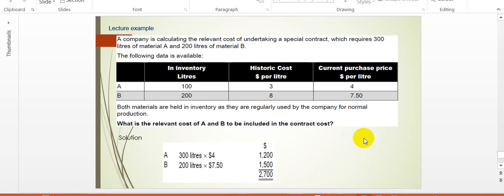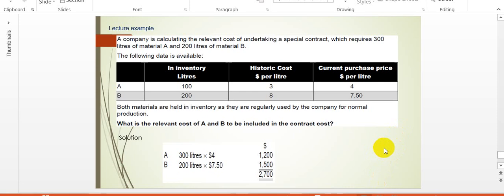The relevant cost was going to be the opportunity cost of selling it, how much we could realize if we were to dispose of it as scrap. So read the questions carefully as you look at calculating what the relevant costs are.